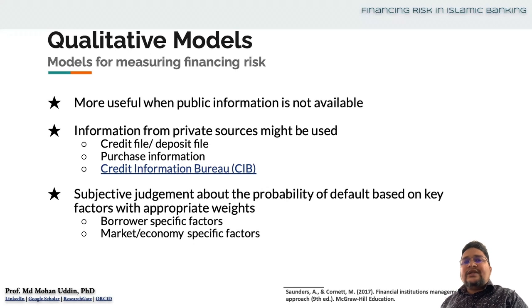And what is the possibility of the upcoming economic trend or market trend, and how that trend is going to affect your customer, that particular industry where your customer belongs to, is very important to consider. So considering only the borrower specific factor should not be sufficient in making a funding decision. It should also be complemented by the consideration of the upcoming economic or market specific factors.